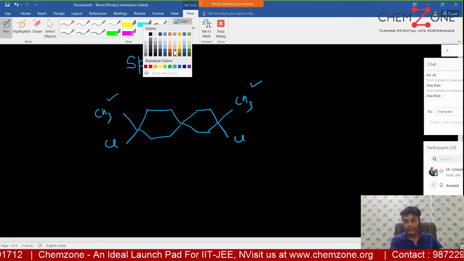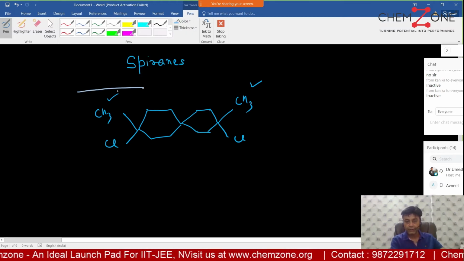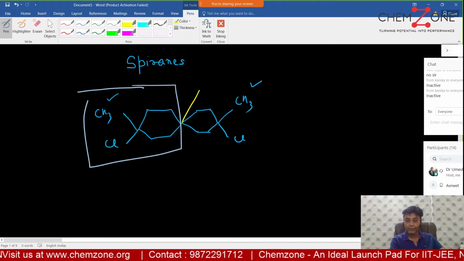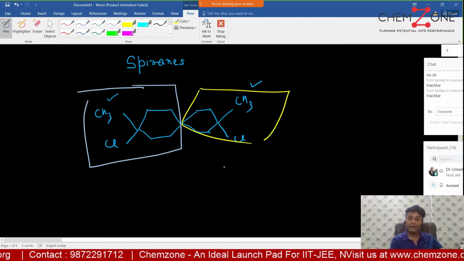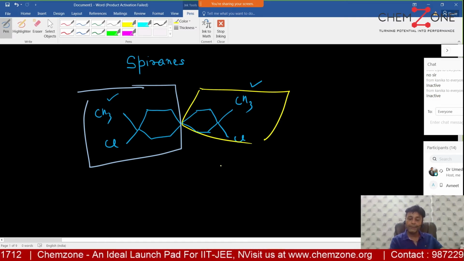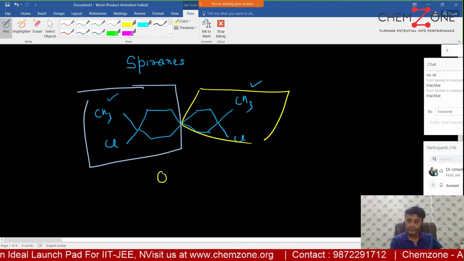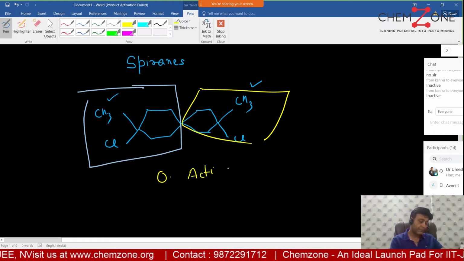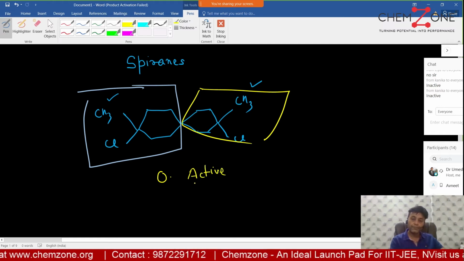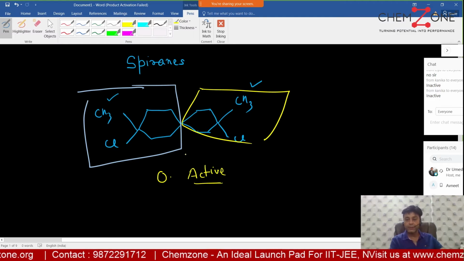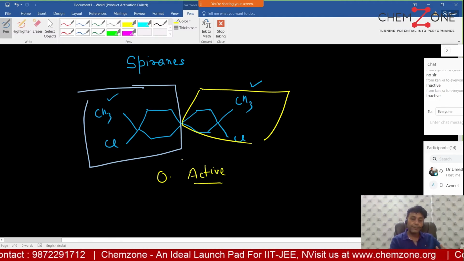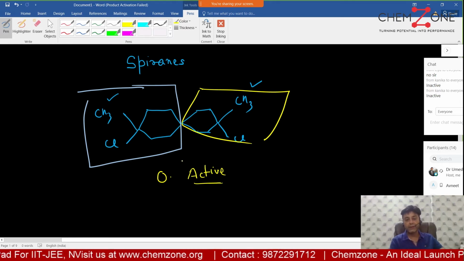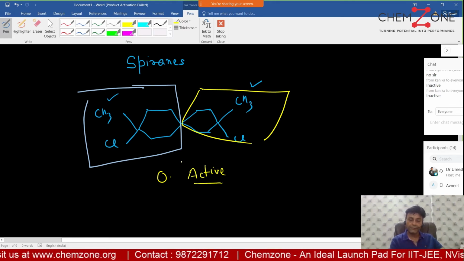The point is this part of the molecule and the other part of the molecule are dissymmetric, perpendicular to each other. So if I make its mirror image, it will not superimpose and it is optically active. Because these two parts of the molecule are perpendicular to each other. If it is perpendicular, it is dissymmetric and the compound is optically active, right?